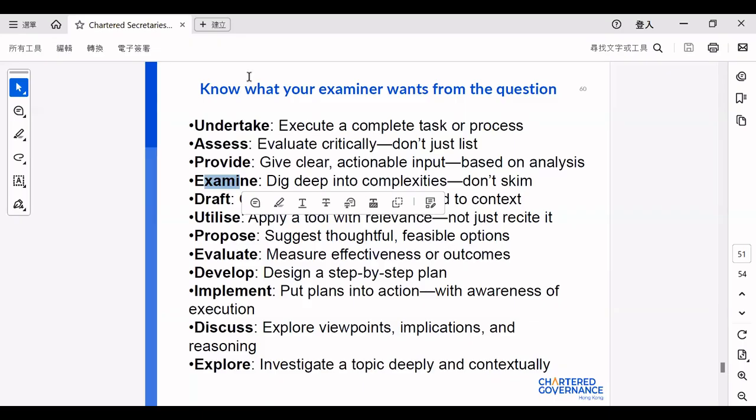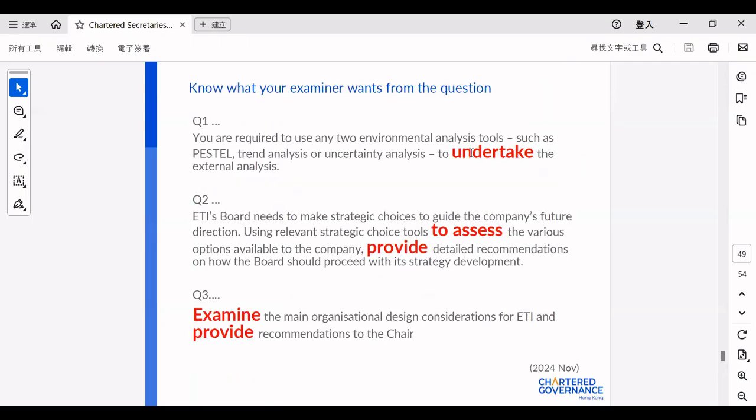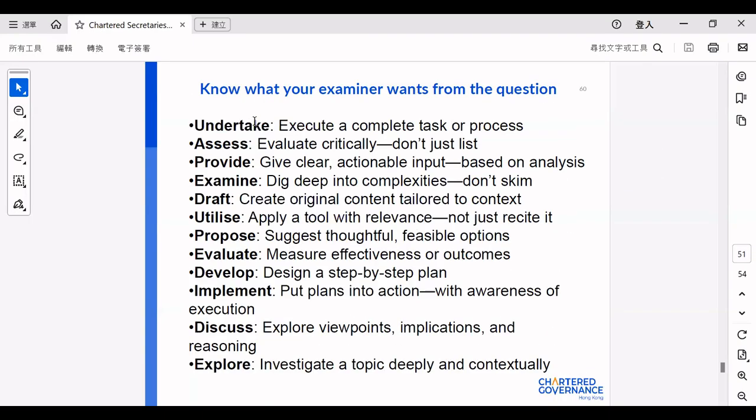So let's go back to the first question again. Undertake the external analysis. That means you need to complete the task of analysis. So probably in your answers, you ask yourself, have I done the analysis? If you have done the analysis, then you have undertaken the external analysis using those environmental tools.